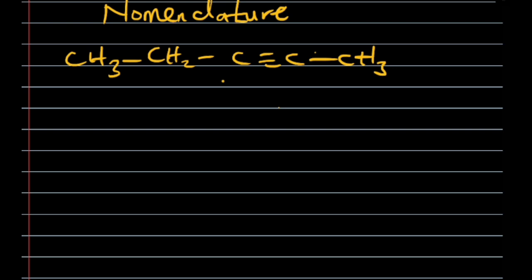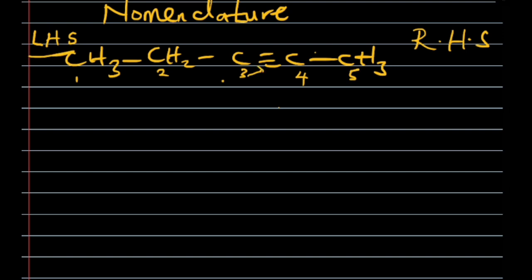So let's number from the left hand side, and here we have our right hand side. Like this, I have 1, 2, 3, 4, 5. From the left hand side, 3 is attached to this functional group.